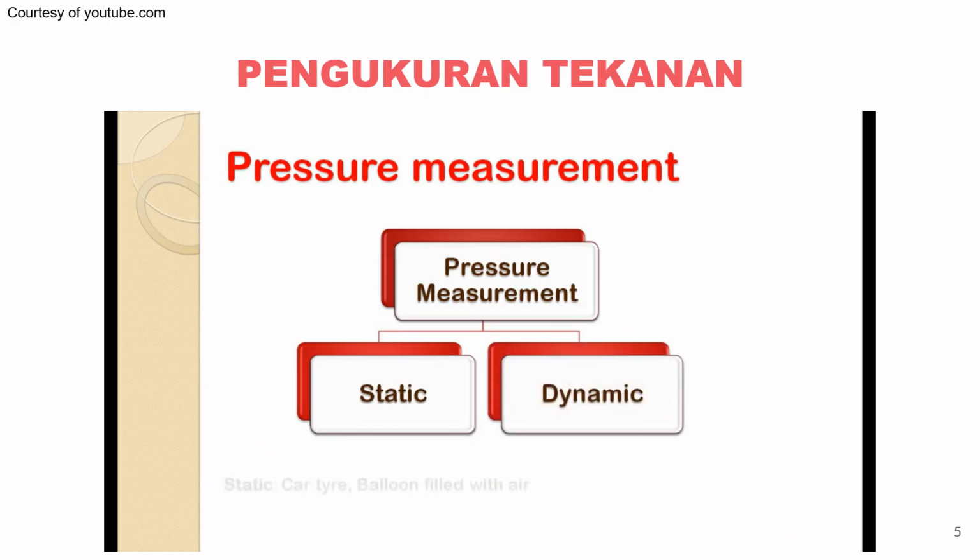When the pressure source is constant, that is air pressure in our car tire or a balloon filled with air, this type falls under static pressure. But when we are measuring fluid pressure in which the fluid is not static but moving, it is called dynamic. Measuring pressure of a gas pipeline or water pipeline are examples of dynamic pressure measurement.